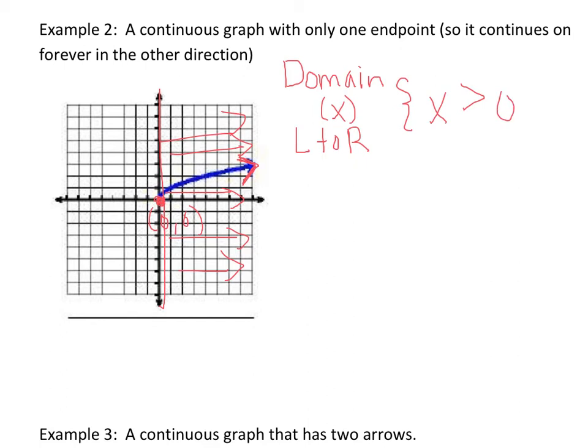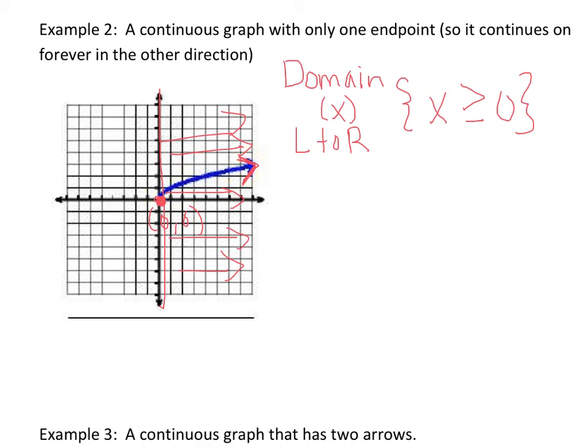But because 0 has a closed circle, then it would be greater than or equal to, so we'd put the line under it. Okay, so when you have one arrow, that means it's going to go on forever in one direction. So you just have to decide, is it greater than a number or is it less than a number? Well, if it's going to the right, it's going to be greater than. Going to the left, it's less than.